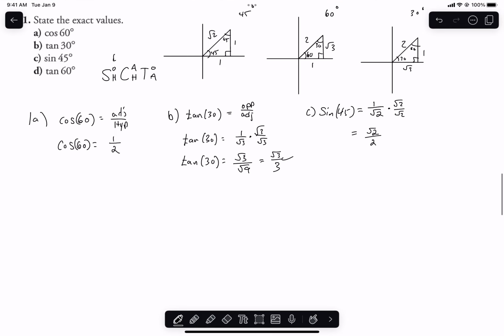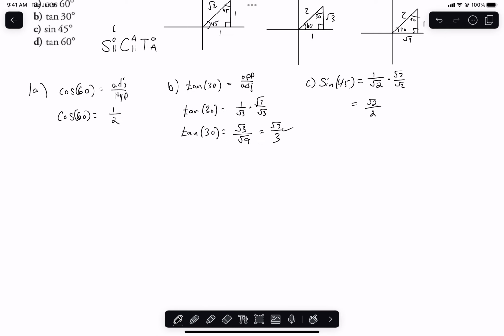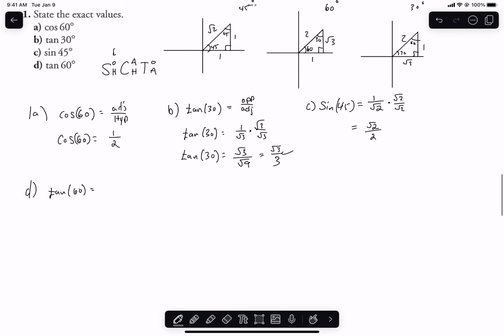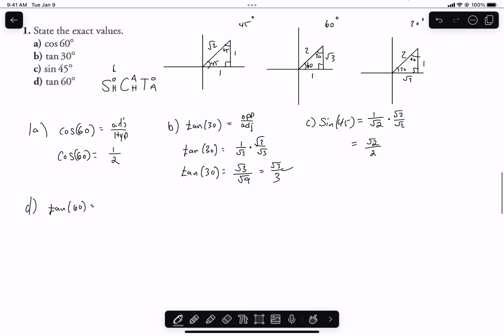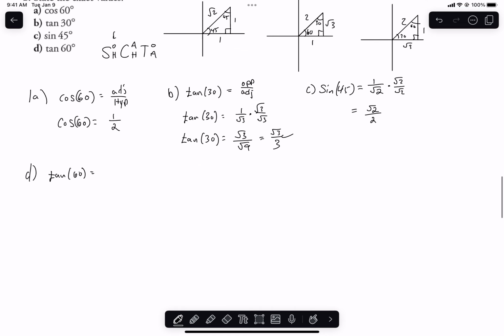And then I have one more, and that's a tan of 60. Okay, the tangent of 60 is going to be, again, I'm looking at the 60-degree triangle in the middle. That's going to be √3/1 when it's opposite over adjacent.